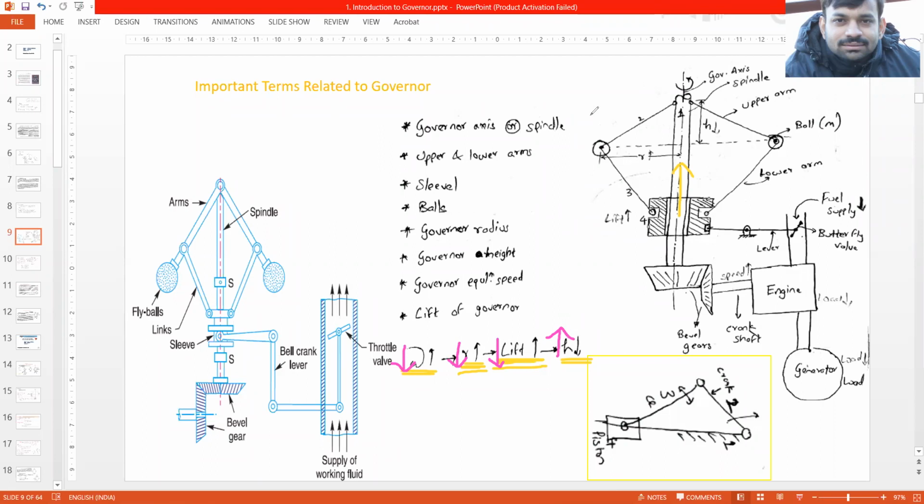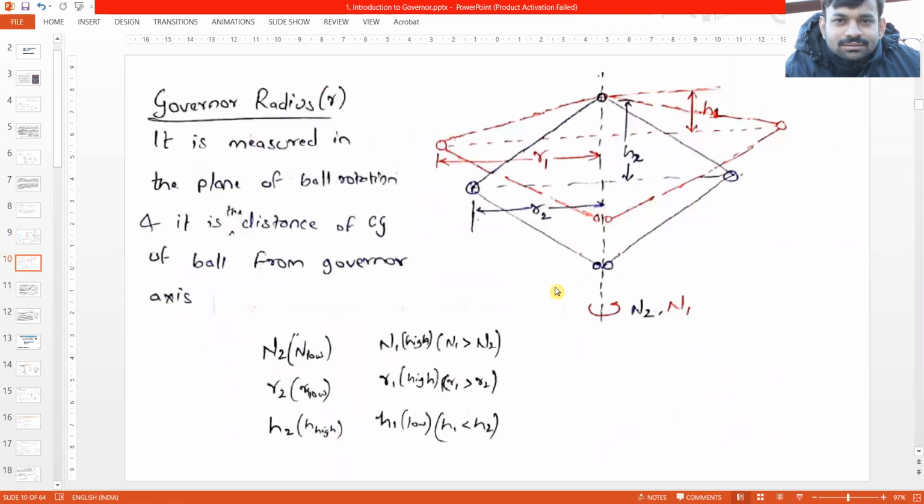So I hope you understood what the working is and what the important terms are. Also, governor radius is shown over here: the value of R2 is less and the corresponding height is more, and the value of R1 is more, that is, the radius is more, and the corresponding height is less.